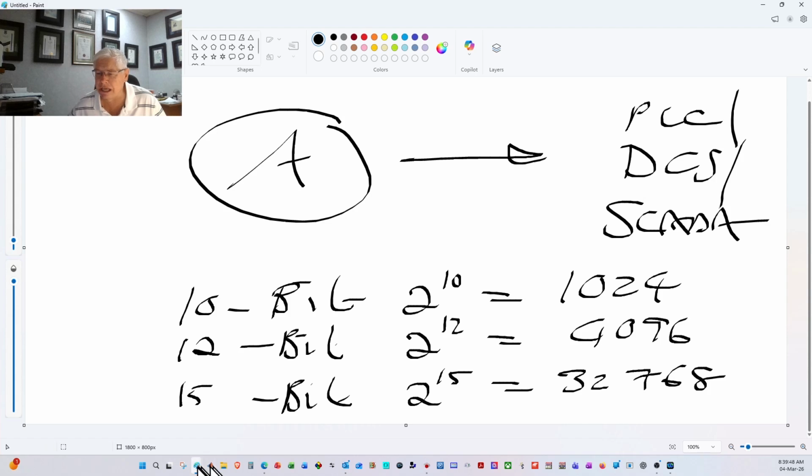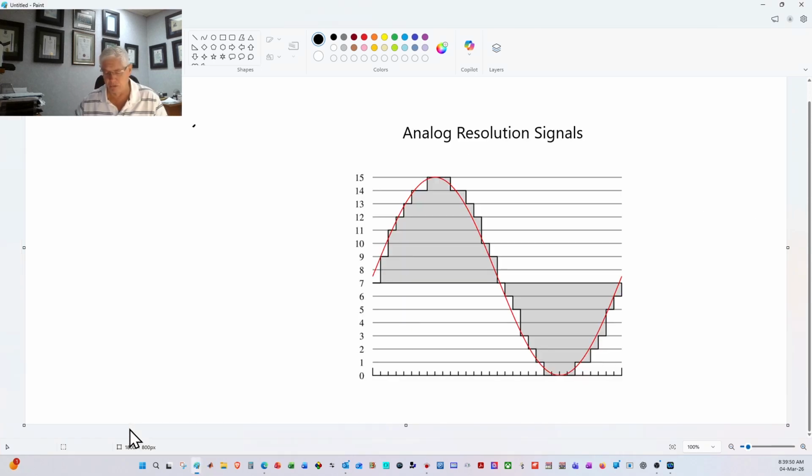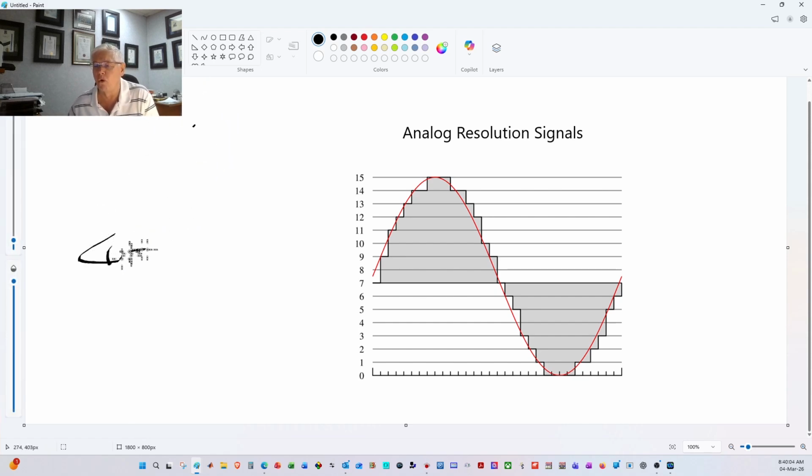So just to get back to my first slide that we have over there, the higher the bit count, the smaller the steps that we are going to get in between the signals that we can work with. If you were, for example, to work with a 4 to 20 milliamp signal, and let's say that you're going to be working with a resolution of a 12-bit card, which is going to be 1024.